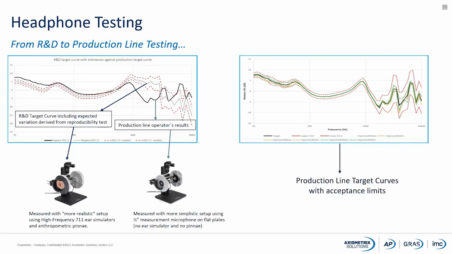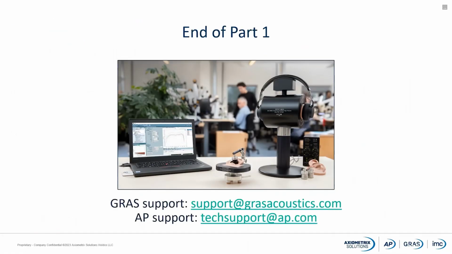So all the headphones will actually be tested up against this target curve, plus minus a tolerance. This was actually the words in part 1, and now Santiago will continue with part 2.